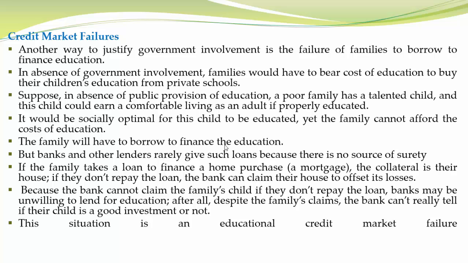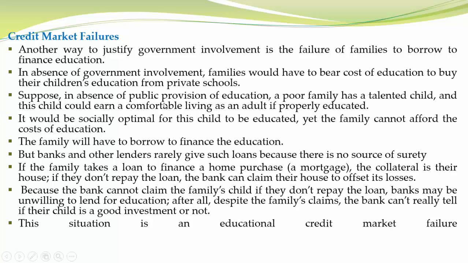Suppose that the government does not provide education. Then, in the absence of government involvement, families would have to bear the costs of education to buy their children's education from private schools. If the government doesn't provide education, then the people will admit their children in private schools, and their expenditure will rise.